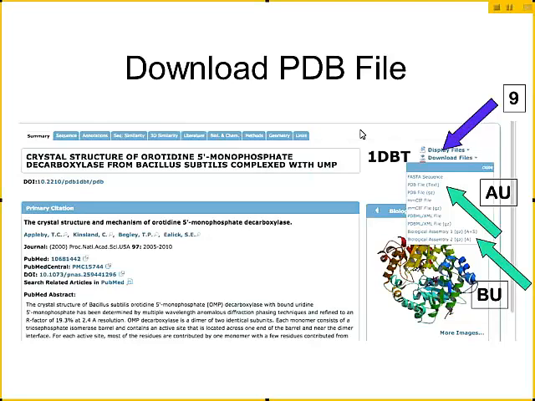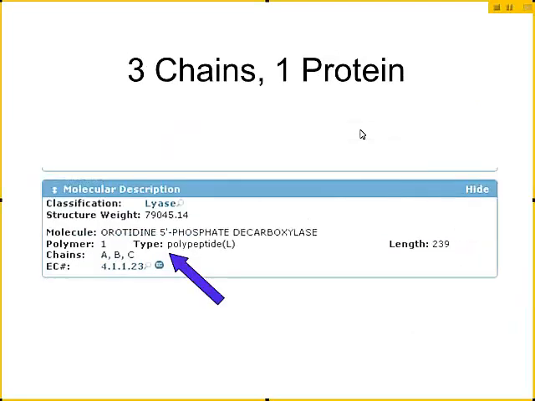So if you run into a situation where you want the biological unit and you can't figure out what's going on, and you can't make your molecular viewer show you the whole molecule, then you need to come find me and I'll help you with that process. But if you can download the asymmetric unit and get everything you need, that's preferred. But in some cases, you need to download the biological unit, and then we need to go in and edit the file in order to get it to work.